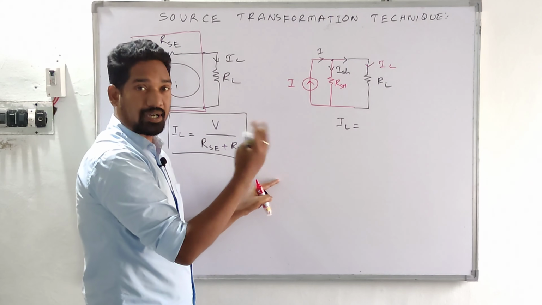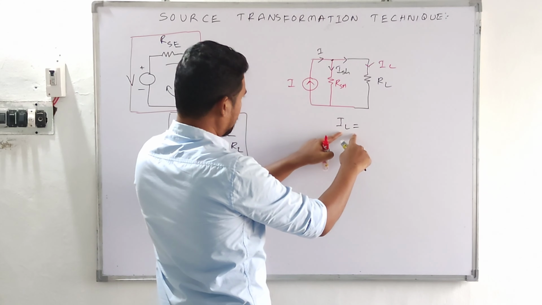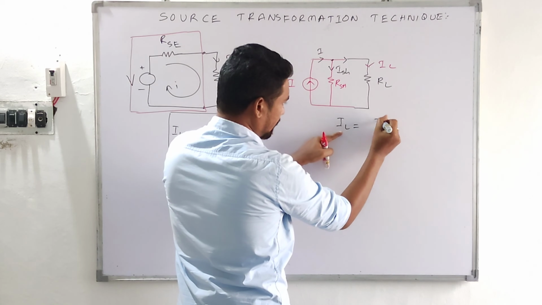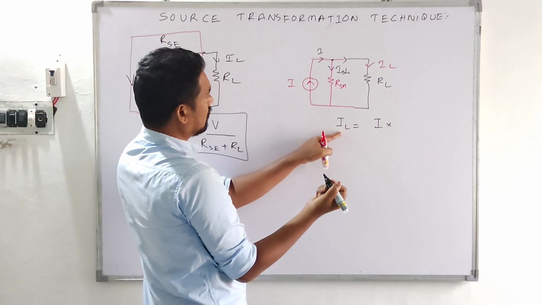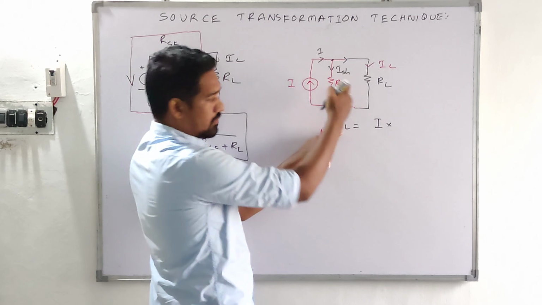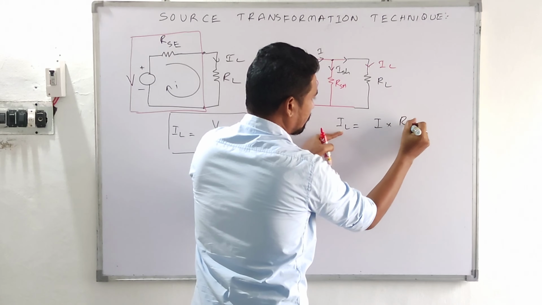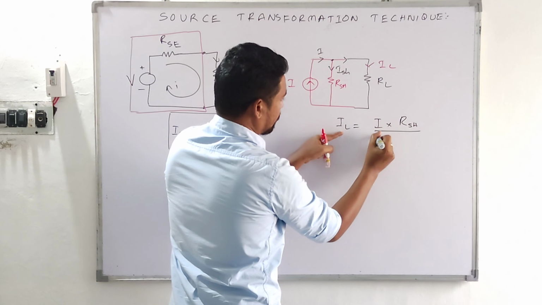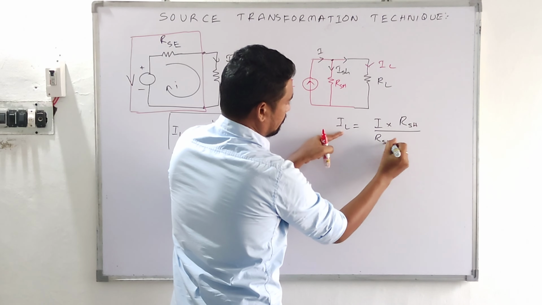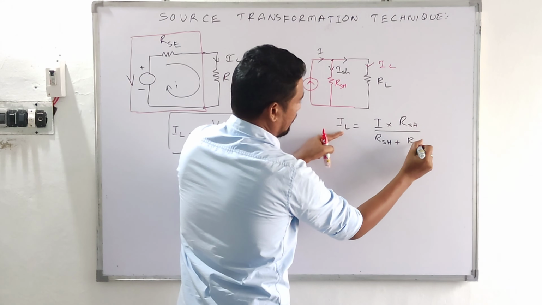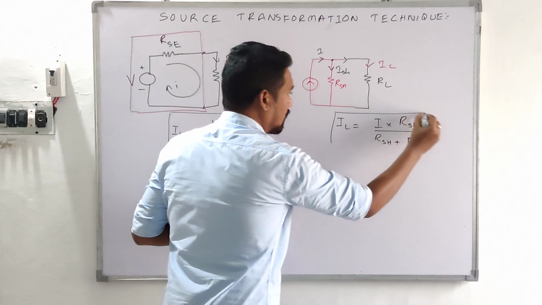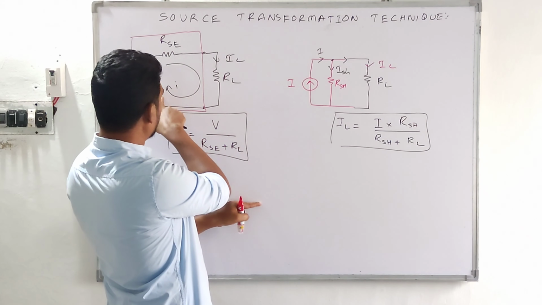IL will be the total current I into the opposite resistance, RSH, upon the total resistance, RSH plus RL. This is the amount of load current that should be flowing if the voltage source is represented with the current source.